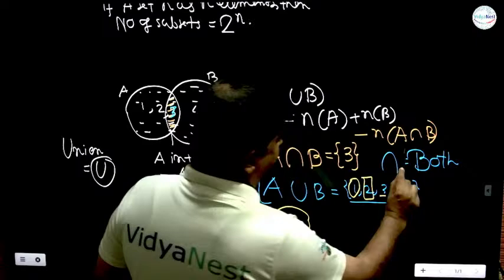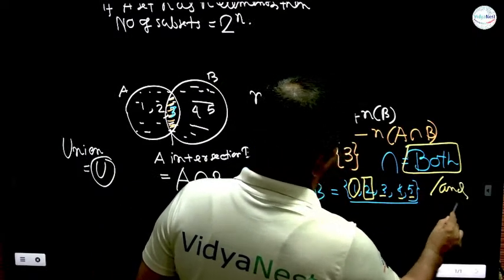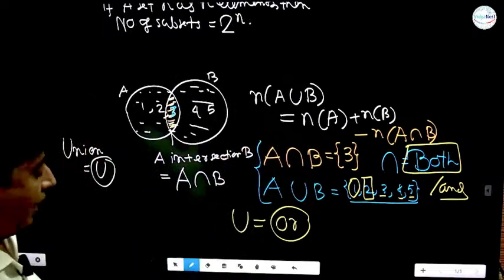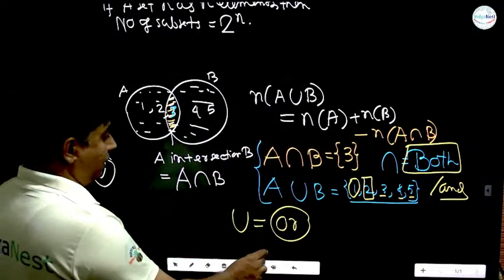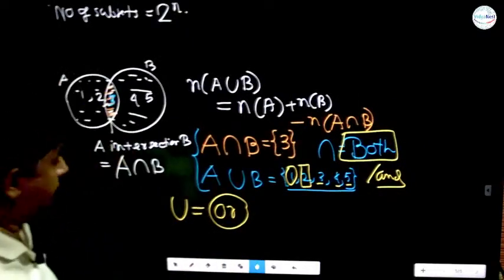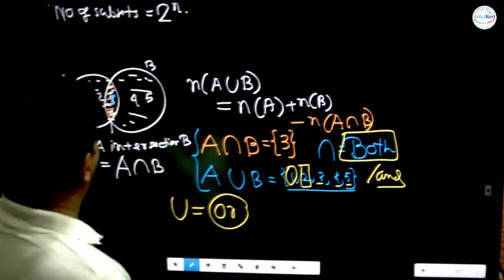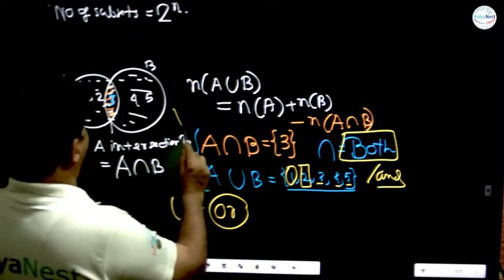Understand? Intersection means 'both', 'and'. These two conditions will recur. Okay?